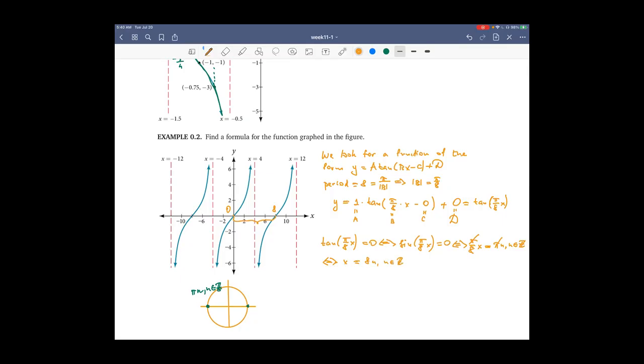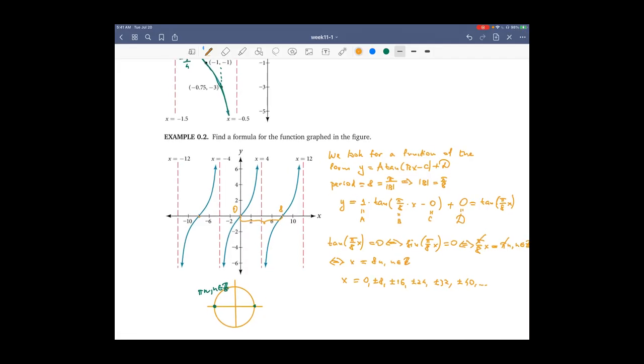So the zeros of this function are 0, plus minus 8, plus minus 16, plus minus 24, plus minus 32, plus minus 40 and so on. And indeed, we see this in the picture. Zeros are 0, 8, and negative 8.